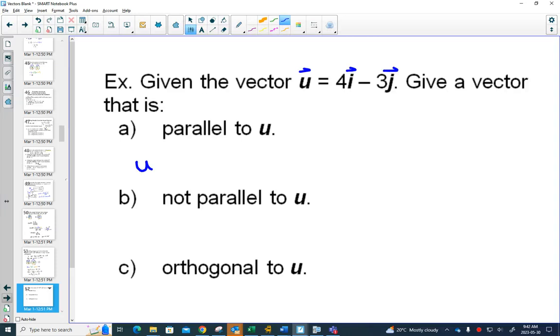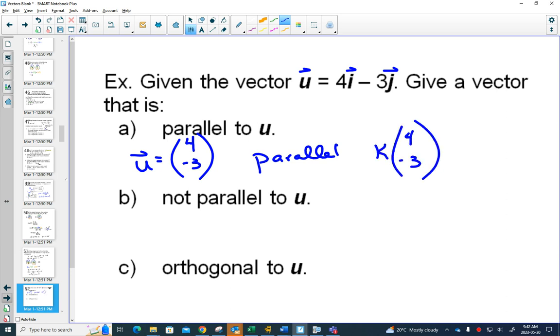Again, life is easier using our column vectors. Something is parallel if it goes in the same direction. If you wanted something parallel, you could take the vector that we have and multiply it by anything in front.